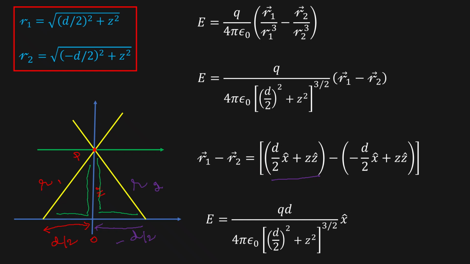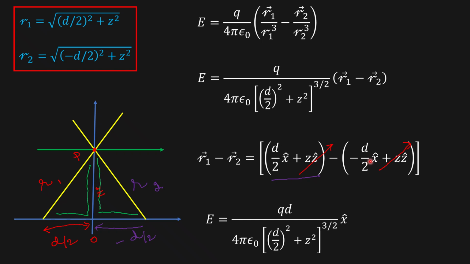So now you have to find the difference. Now you can see this z cap will get cancelled with this minus z cap, because there is a negative sign outside. Then here you have one minus; minus of minus will become plus.